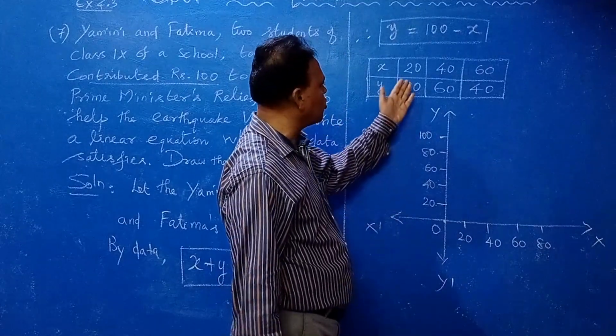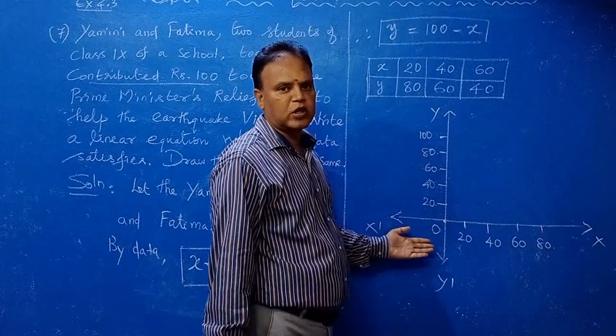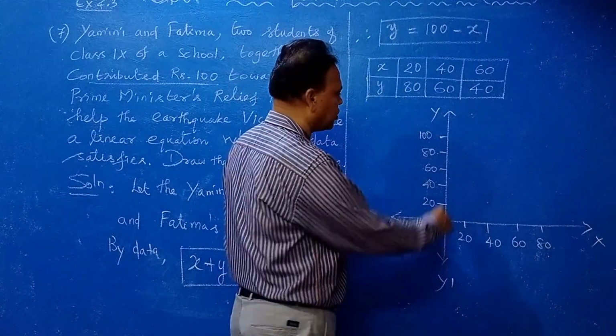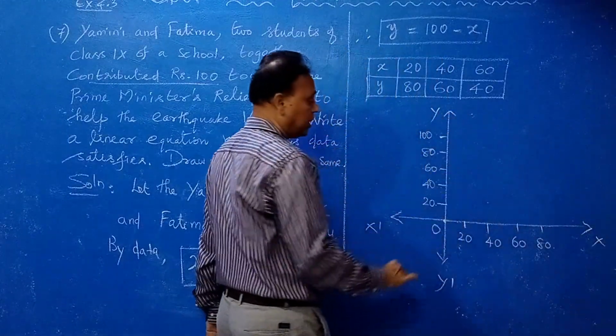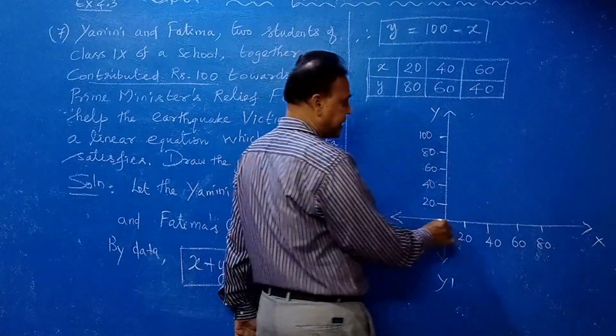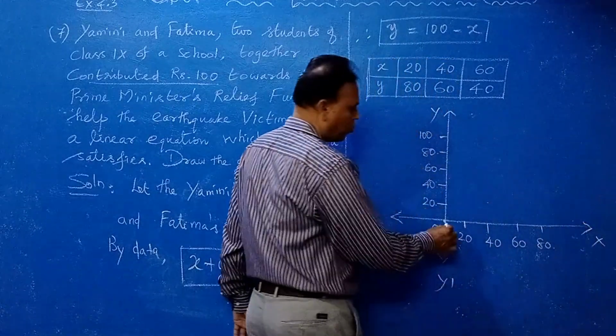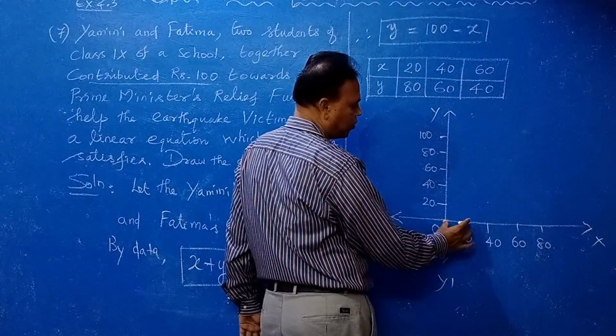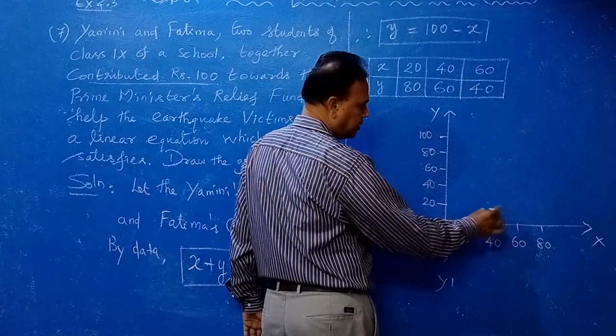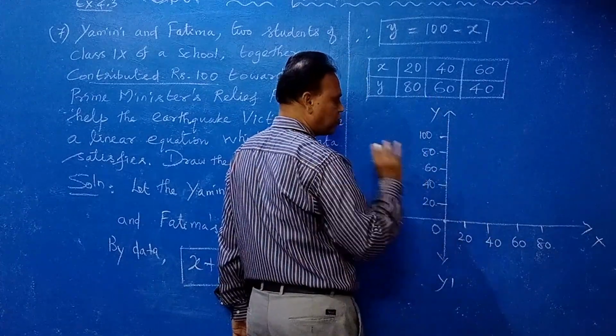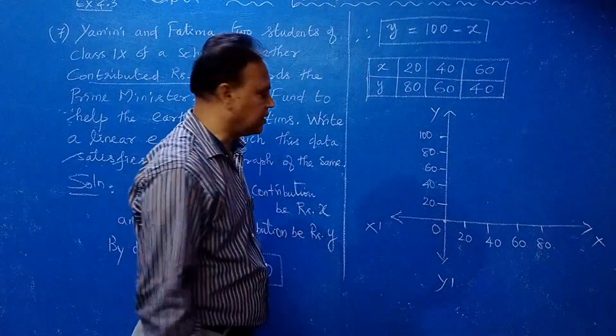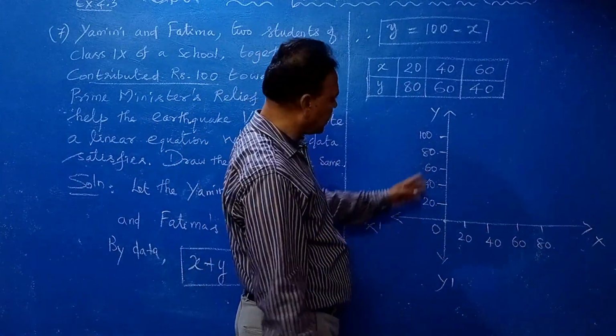There is no question of negative, so you need not write it. Only positive you write. So I am taking here x-axis, 1 unit equal to 20 rupees. Same way, y-axis also 1 unit is 20 rupees I am taking. So that you can easily plot.